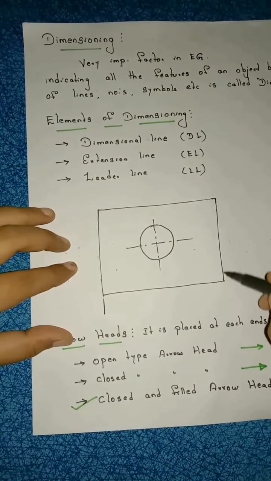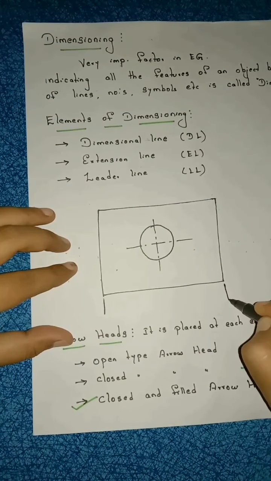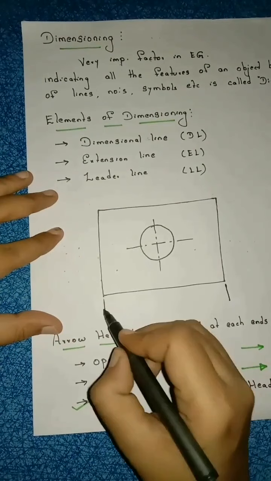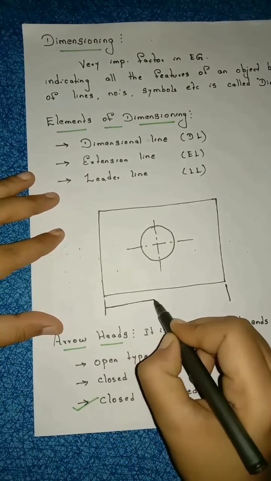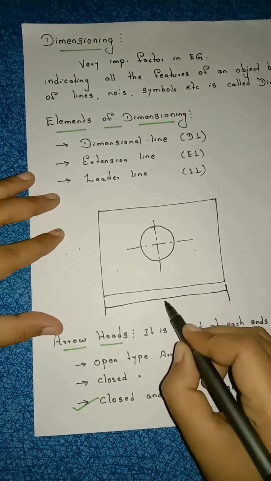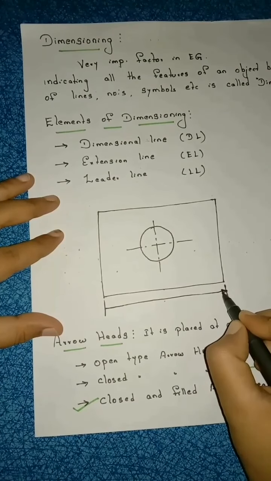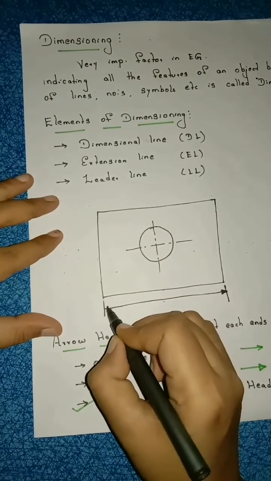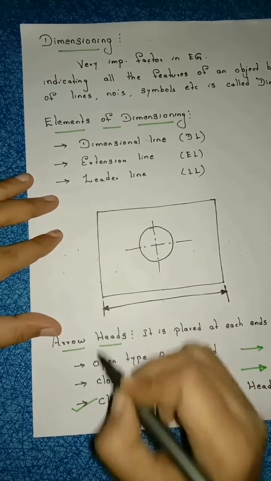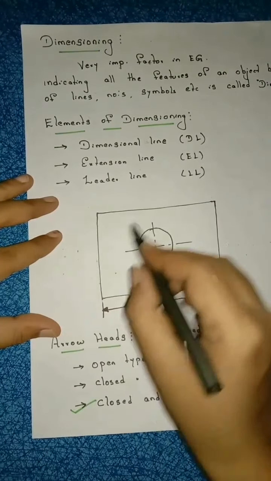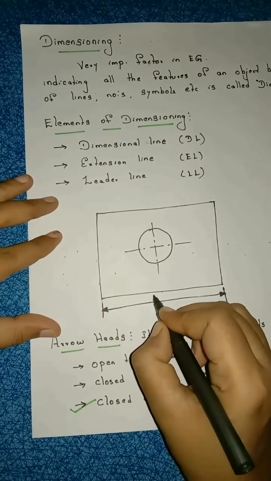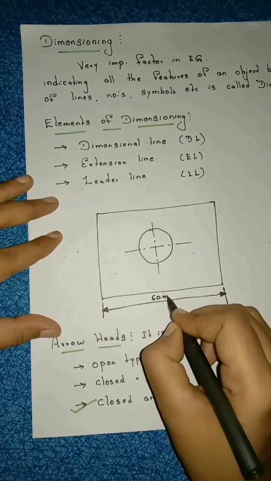This is the ending part of your diagram; just draw the extension line. Now draw a dimensional line which is parallel to the baseline. Keep the arrow marks closed and filled. Suppose I am writing here 60 mm.